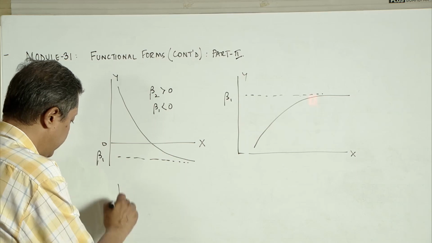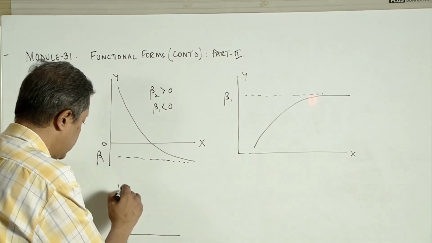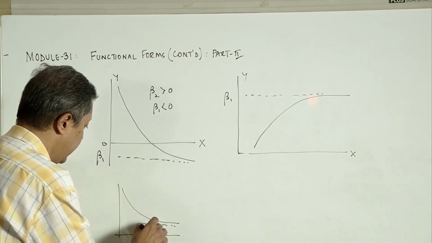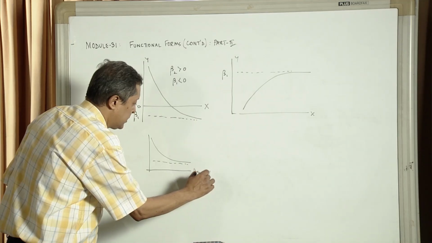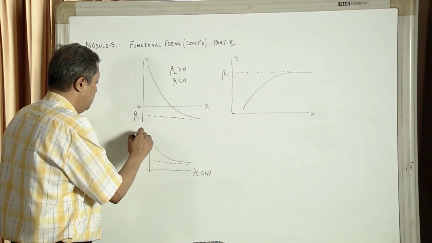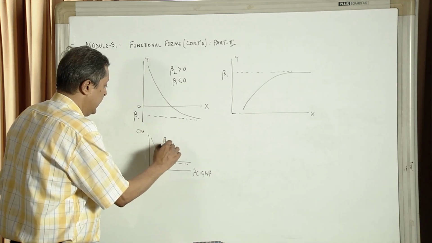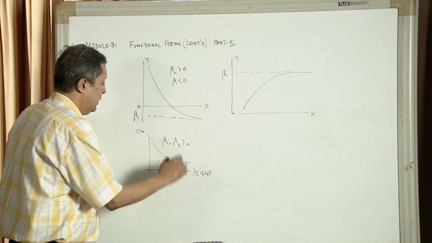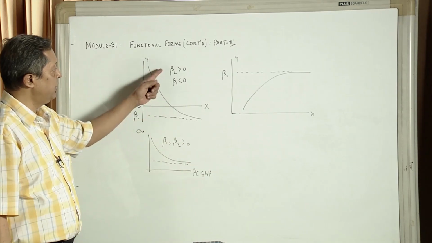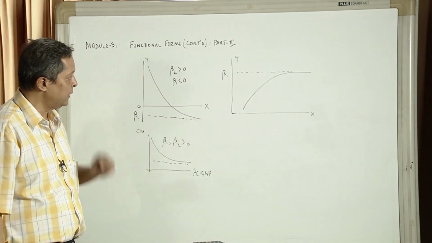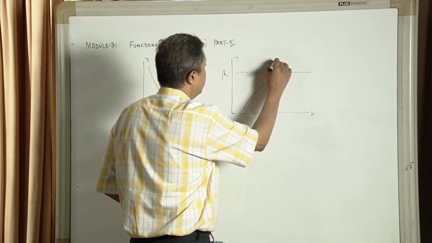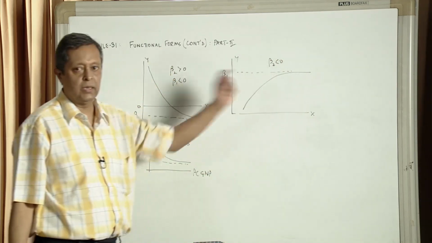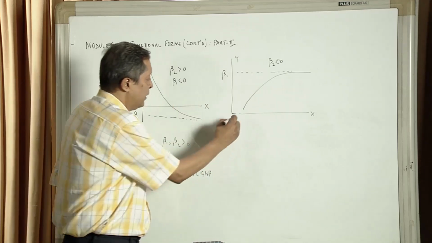And the earlier one that we have already considered was the example of child mortality with per capita GNP. So, this is the case where both beta 1 and beta 2 were positive. If beta 1 is negative, but beta 2 is positive, then this is the kind of graph that we get, whereas if beta 2 itself is negative, then that is the third example that we get.